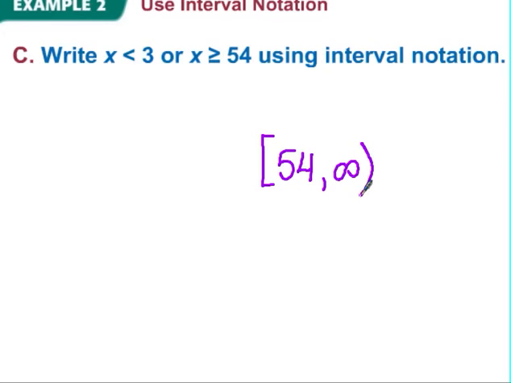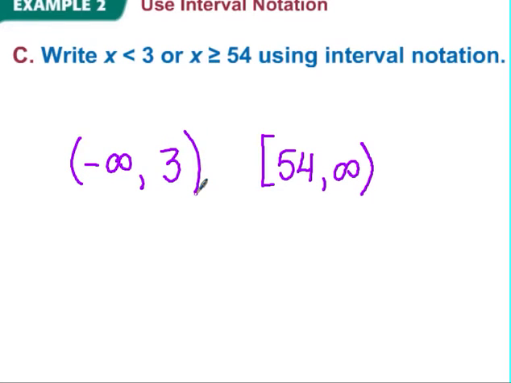Remember with infinity, I use parentheses. But yeah, you're right. You got the 54. But with infinity, we always put a parenthesis with that infinity one. We can do both. Do you guys have that other one? Yep. What is it? Parentheses. Yep. Negative infinity. Yep. 3. Parentheses. Okay, good.